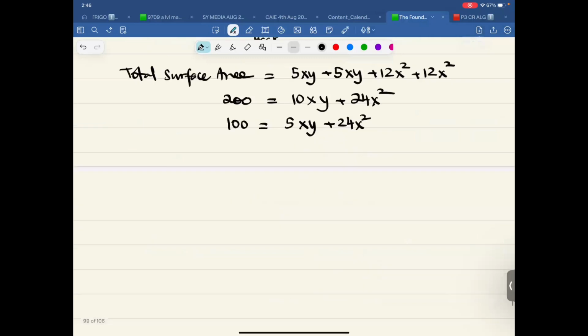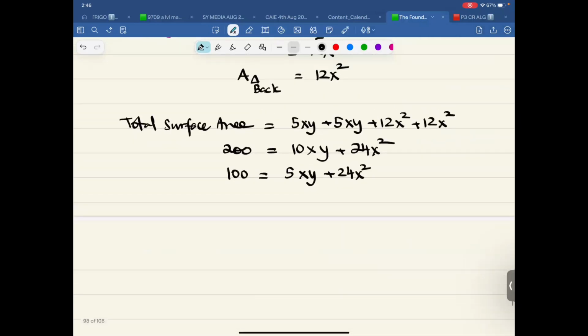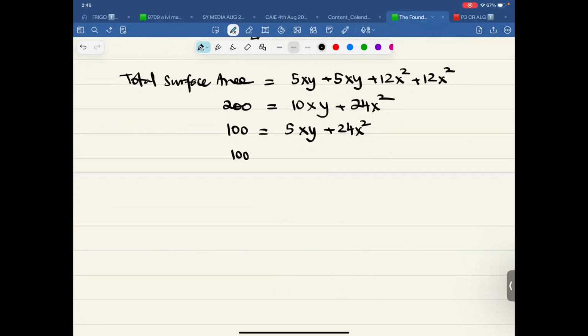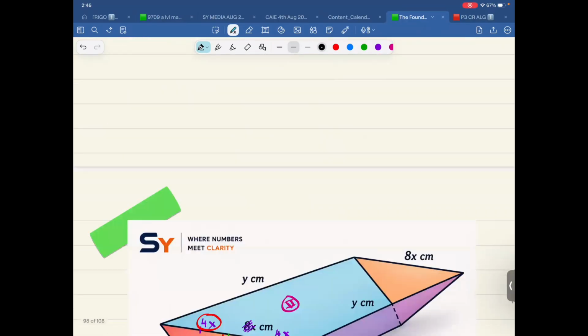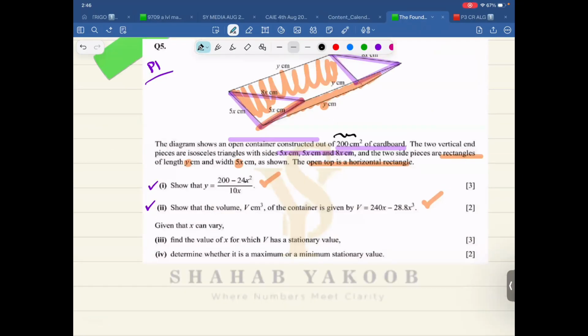Let me add a page. They are asking us to make y the subject. 100 minus 24x square is 5xy, and 100 minus 24x square over 5x is y. Is this the answer? 200 minus 24x square over 10x, I have simplified it.